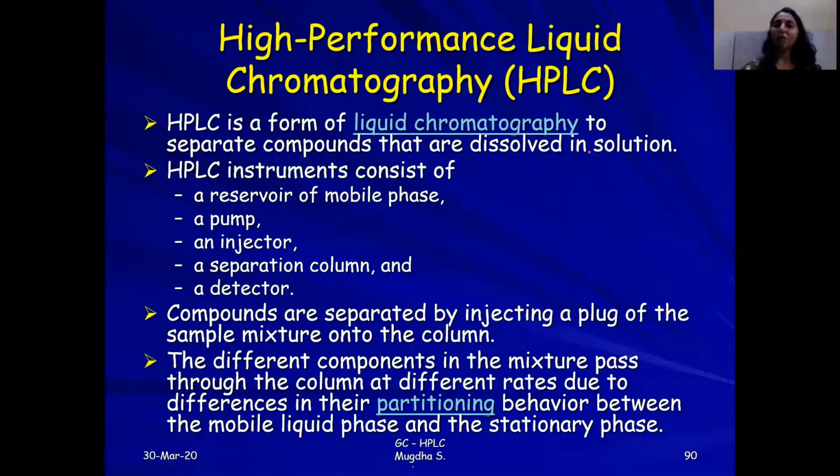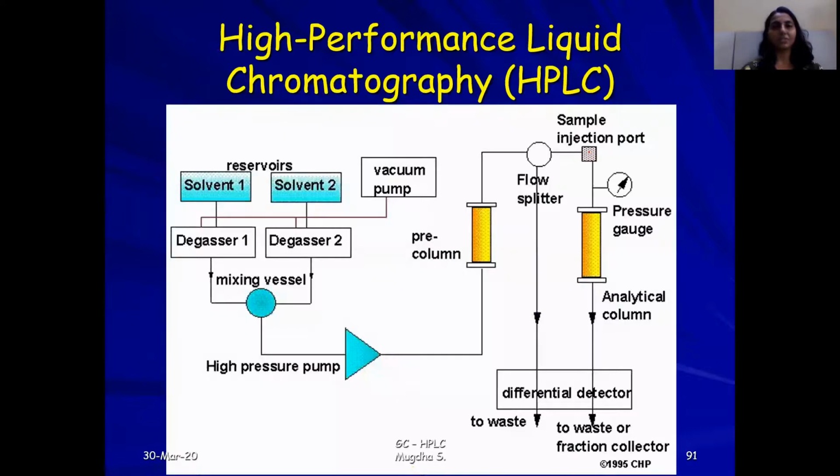HPLC is a form of liquid chromatography to separate compounds that are dissolved in solutions. The compounds are separated by injecting a plug of the sample mixture into the column. The different components in the mixture pass through the column at different rates due to differences in their partitioning behavior between the mobile phase and the stationary phase.